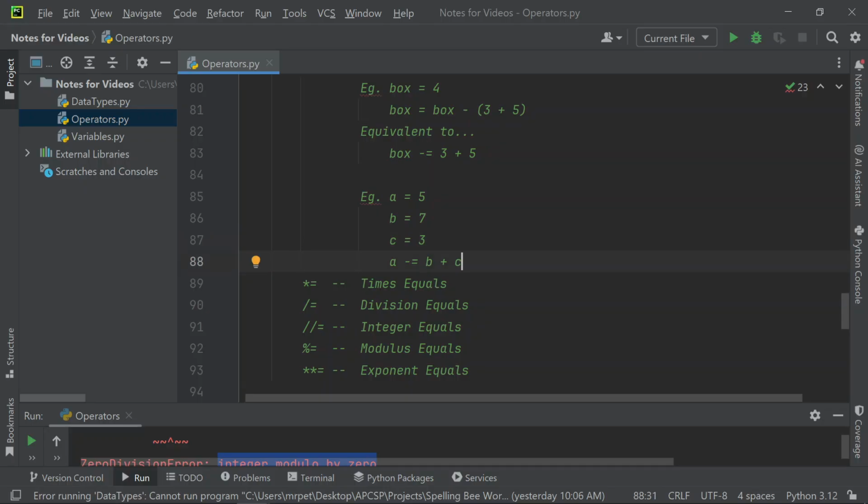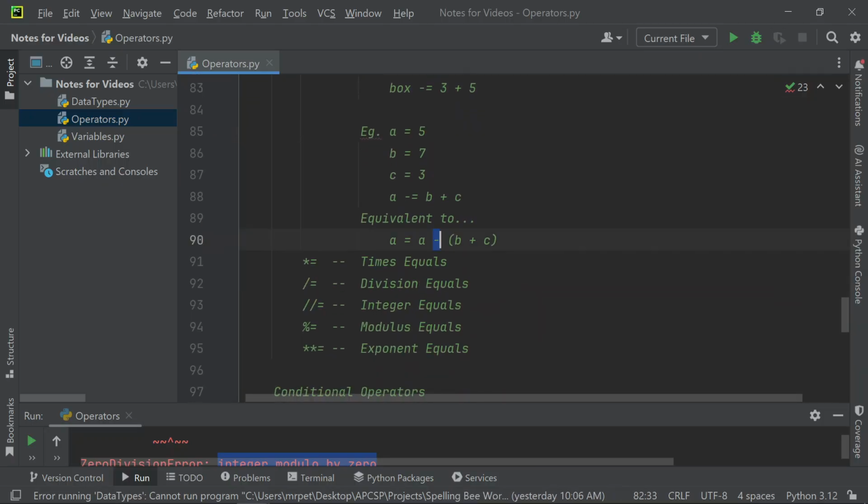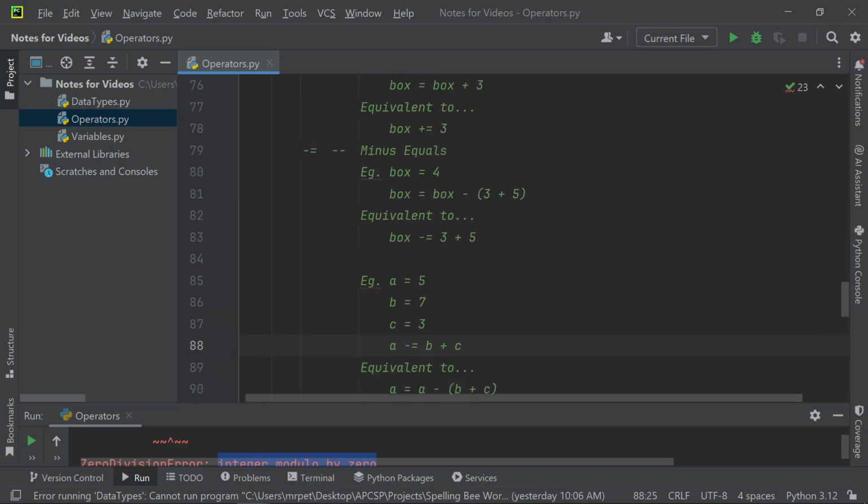So when we write this line, this is equivalent to A is equal to A minus B plus C. So we're taking that old value, just like we did here, and that minus sign is going to distribute to the expression on the right hand side of the equal sign.